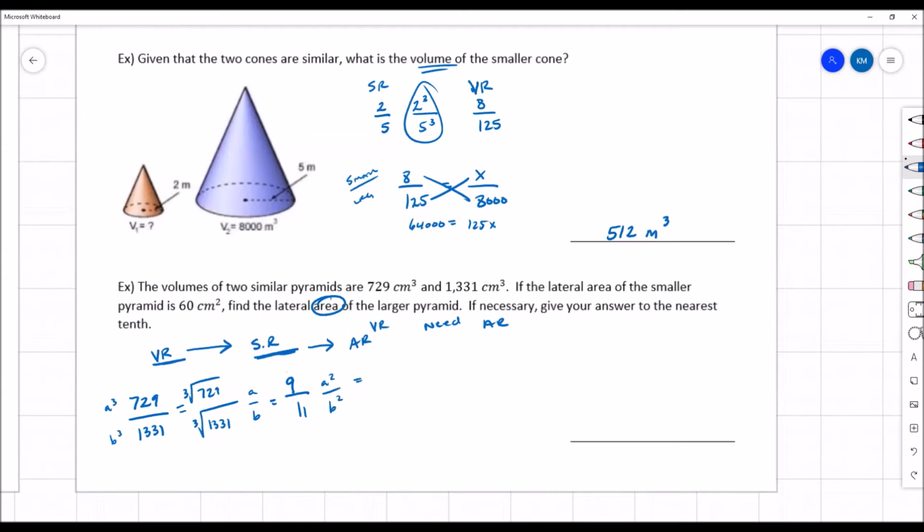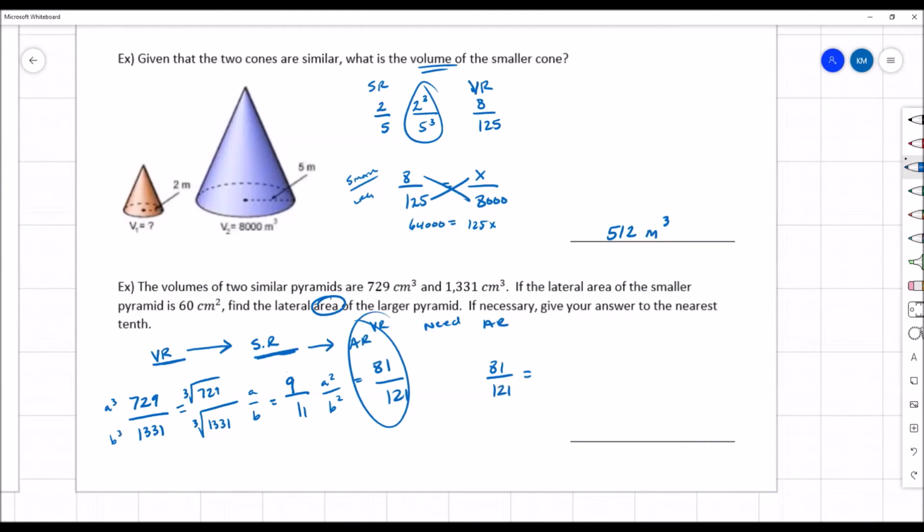Once we find out what A is, A squared is easy. 9 times 9, 81. B squared, 11 times 11, 121. So now we have the ratio that we want, the area ratio, and we can set it up as 81 over 121.